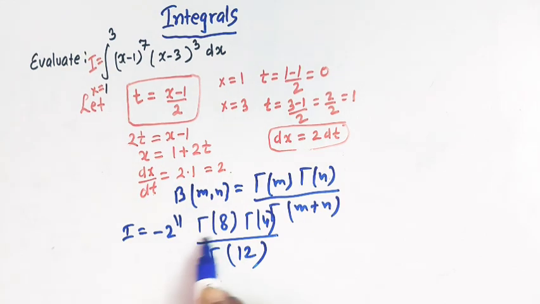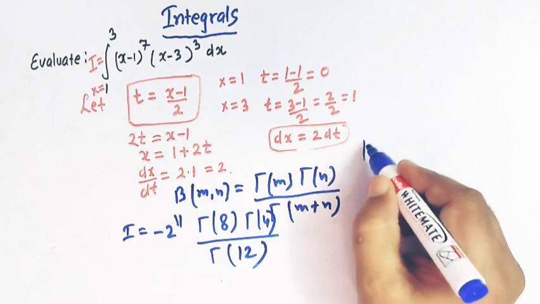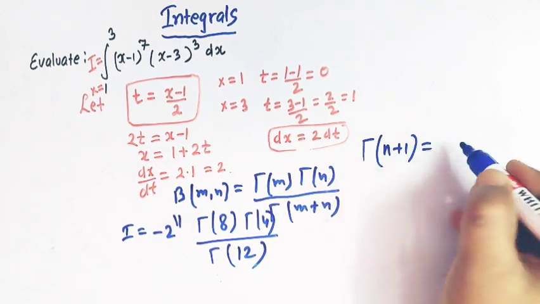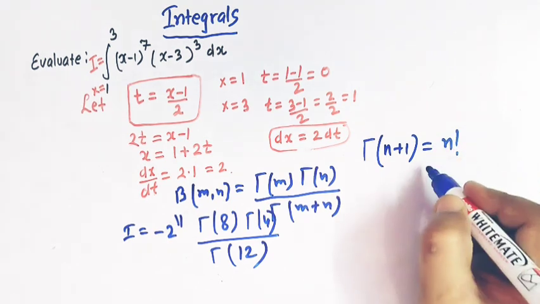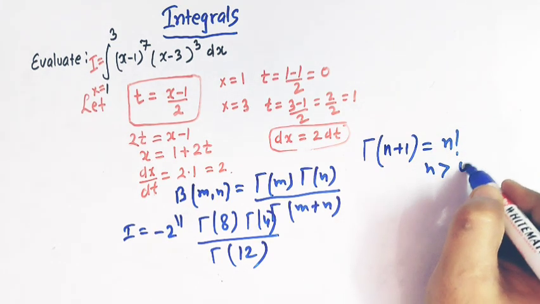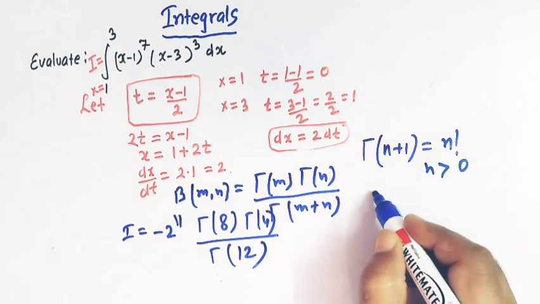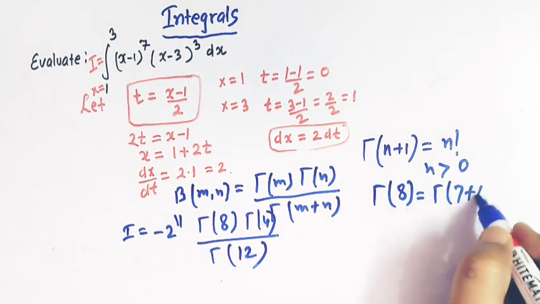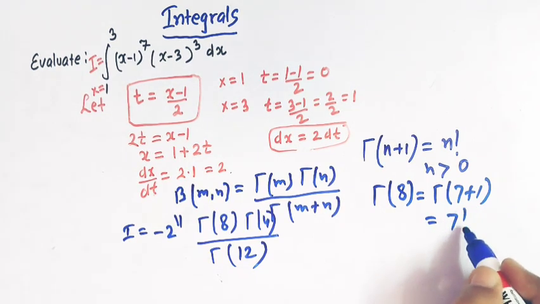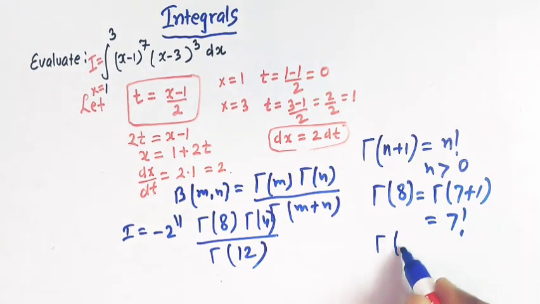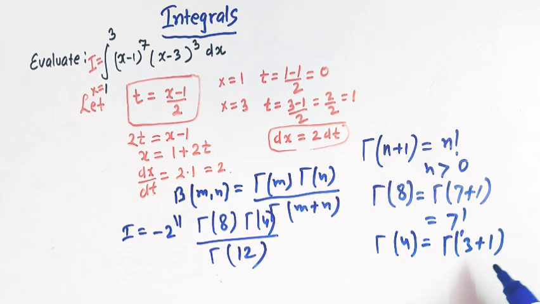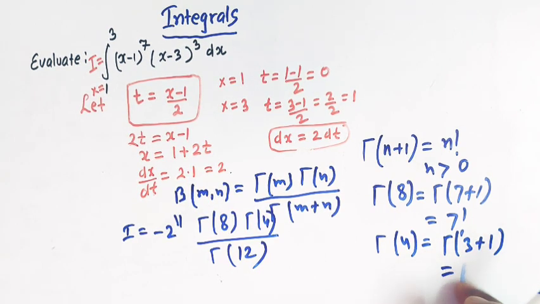So to calculate the values of gamma 8, gamma 4 and gamma 12, we'll make use of this result, that is gamma of n plus 1 is equal to n factorial, where n is greater than 0, right? So gamma of 8 is gamma of 7 plus 1, that is equal to 7 factorial. Similarly, gamma of 4 is gamma of 3 plus 1, that is 3 factorial.